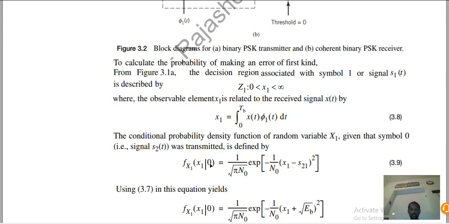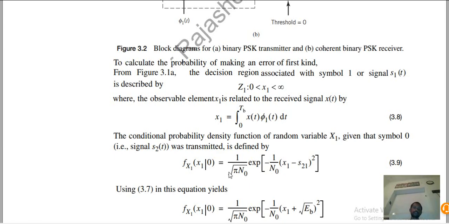pi N naught, exponential of minus 1 by N naught, x1 minus s21 squared, because here 0 is transmitted, so we have used the s2 here, but it has occurred 1, so this is x1 minus symbol 0.